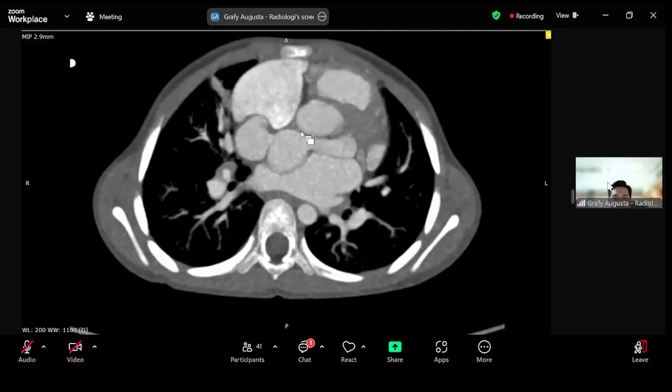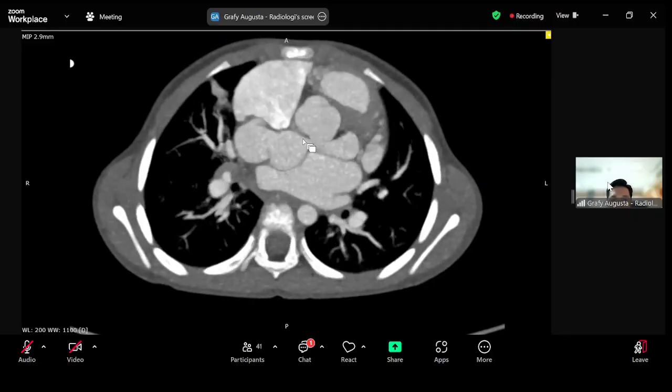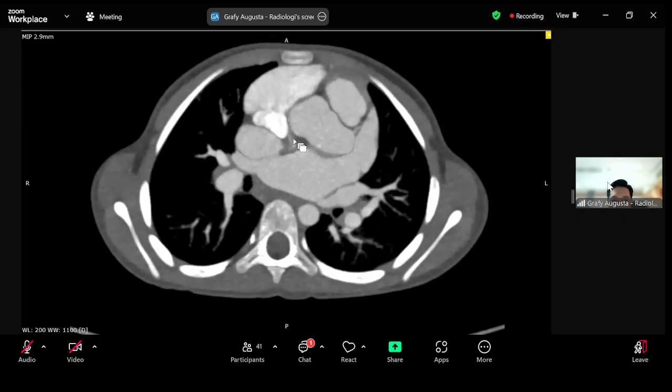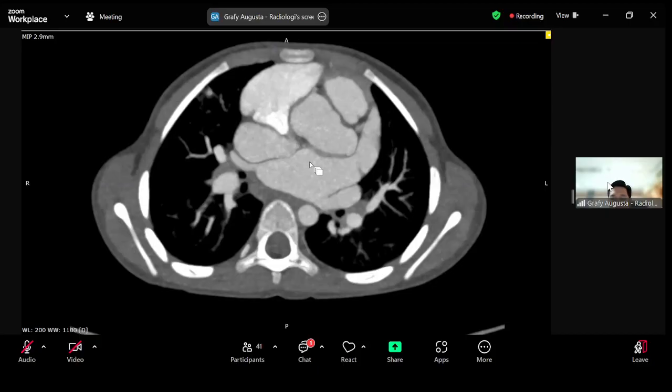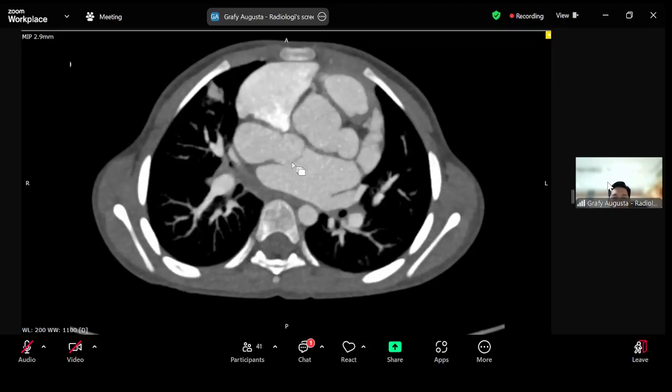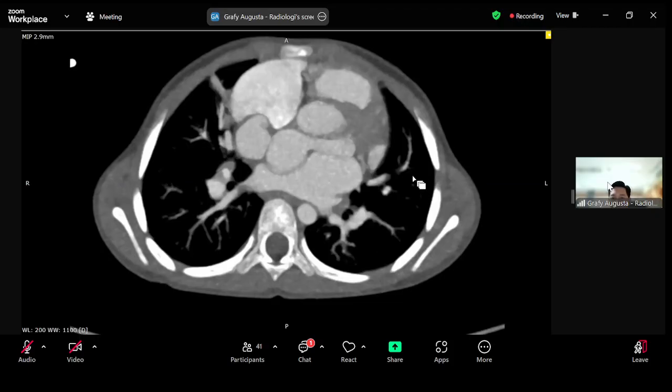And this vessel we suspect is the sinonodal artery, this one. But it is dilated and forming a saccular aneurysm in this one.